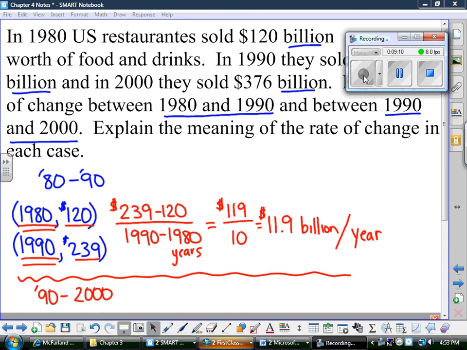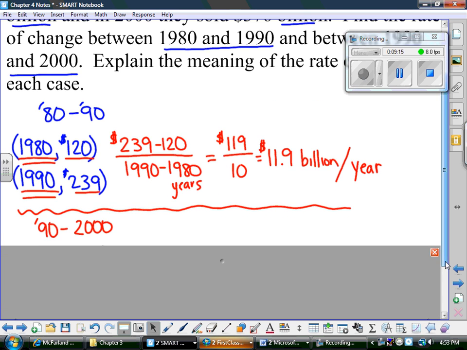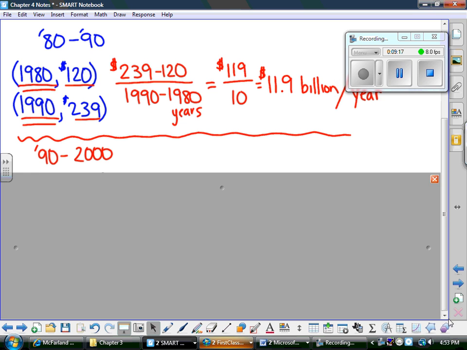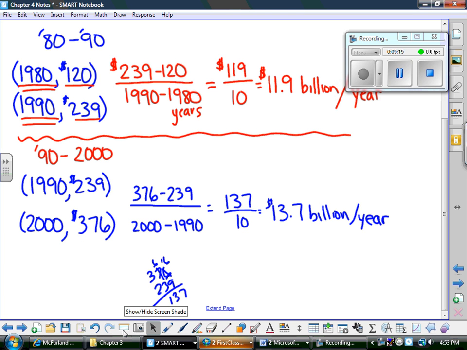Let's work through how you'd find the rate of change between 1990 and 2000 together. First, you need an ordered pair for each one. The ordered pairs are 1990, $239 billion, and the second one is 2000, $376 billion.